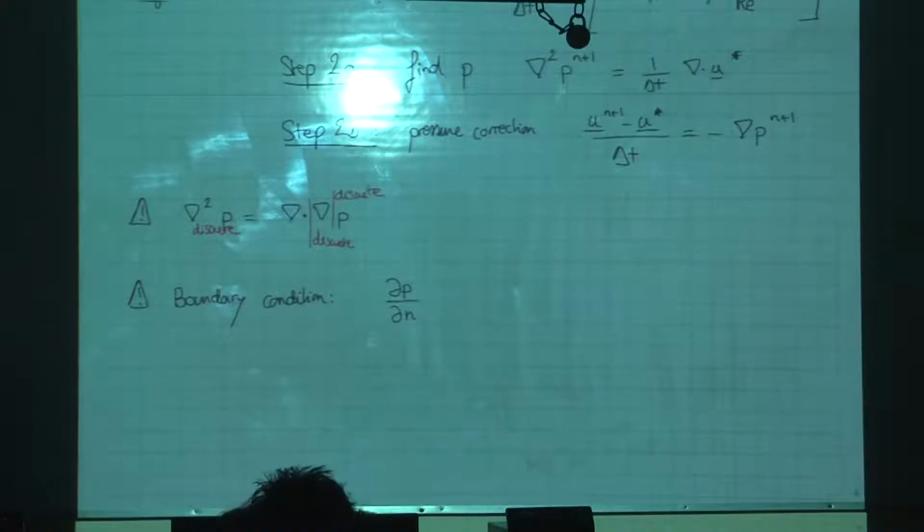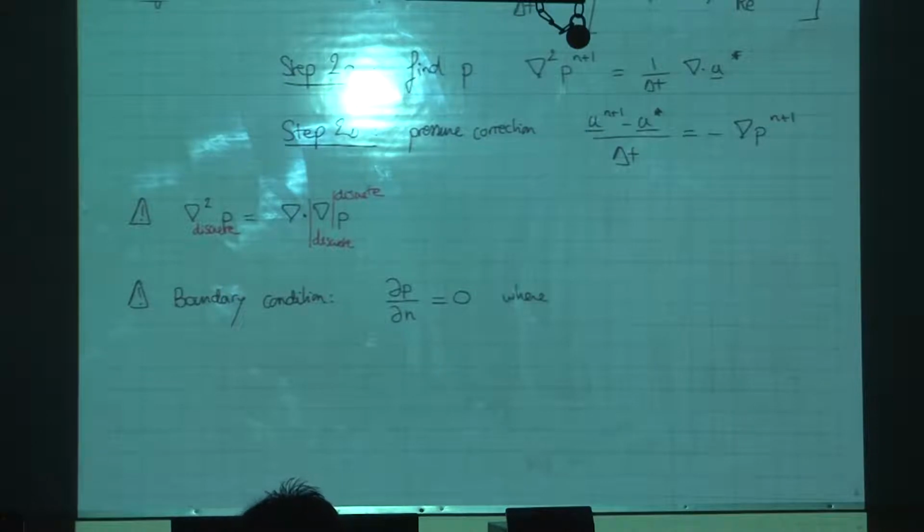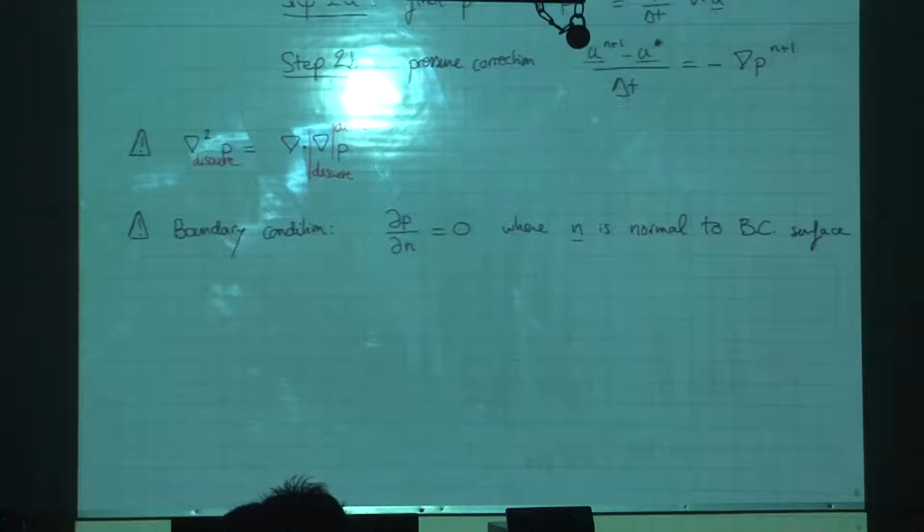I should say dp/dn is equal to 0. Okay. Well, this is going to be the normal to the boundary condition surface. And that will allow us to not touch u dot n all around our computational domain, at our boundaries.